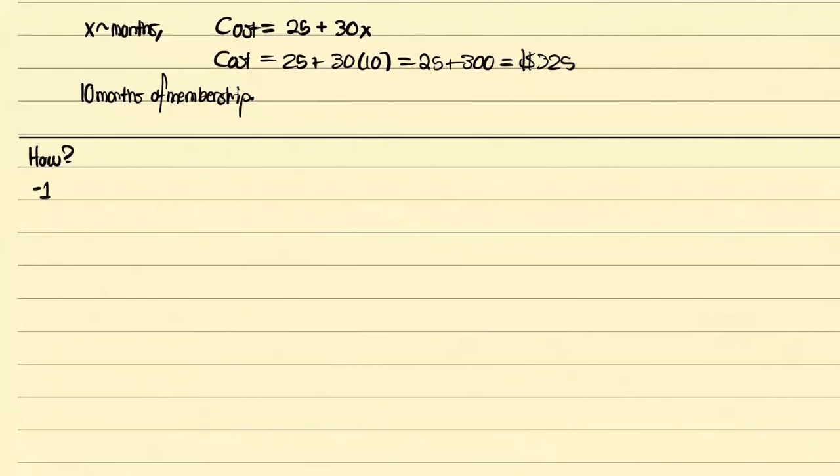What we're going to do first is identify all known quantities. Assign variables as needed to represent unknown things.